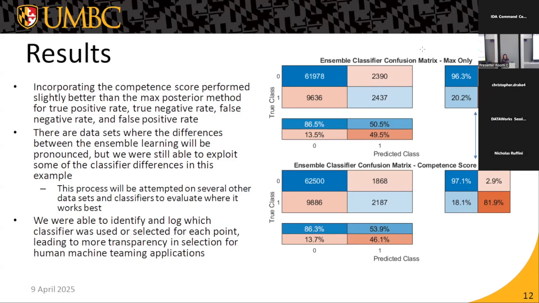What we see is performance of 80% for the true negative rate and 96.3% for the true positive rate. However, when we introduce the approach I laid out earlier, where we incorporate the competence score, we actually get slightly better performance, as we would hope.